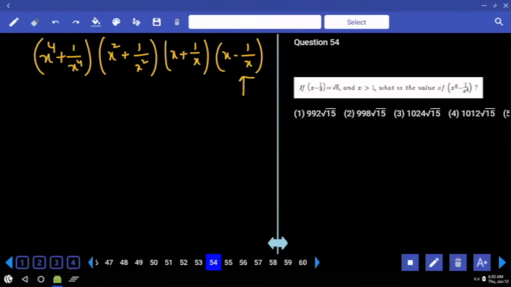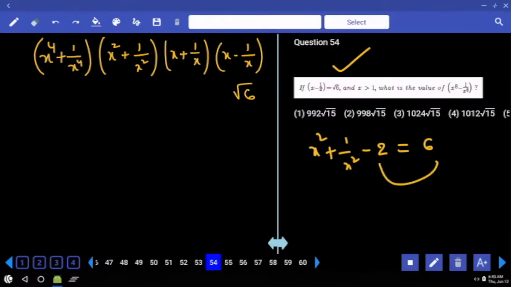How much is that? Root 6. How do we get x square plus 1 by x square when we have x minus 1 by x? Square. When you take the square of this number, x square plus 1 by x square minus 2 is equal to root 6 whole square, that is 6. Minus 2 goes to the other side, so this value is 8.